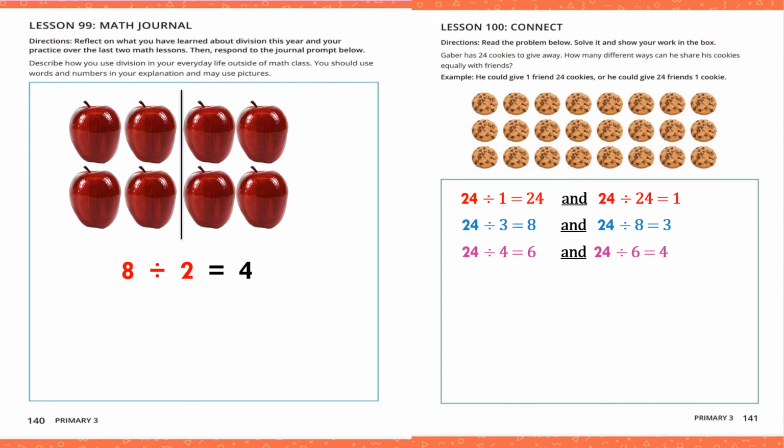So he can give 4 friends 6 cookies and 6 friends 4 cookies. Also, 24 divided by 2 equals 12, and 24 divided by 12 equals 2. So he can give 2 friends 12 cookies, or 12 friends 2 cookies.